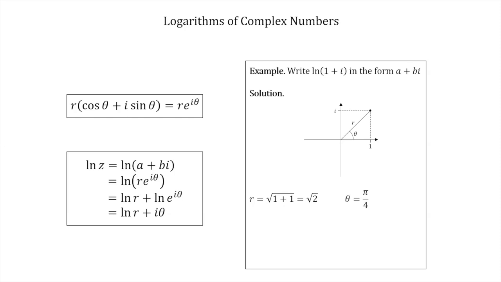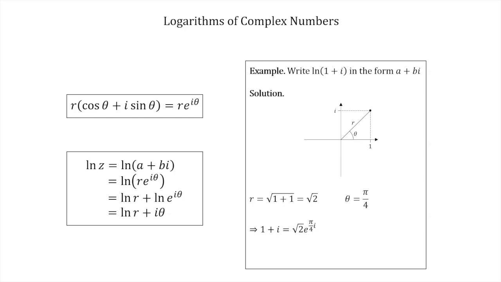So now let's use this information on the right hand side to calculate log of 1 plus i. 1 plus i, written in the exponential form, is square root 2 times e to the power pi over 4i. That's just using the top box there on the left hand side.